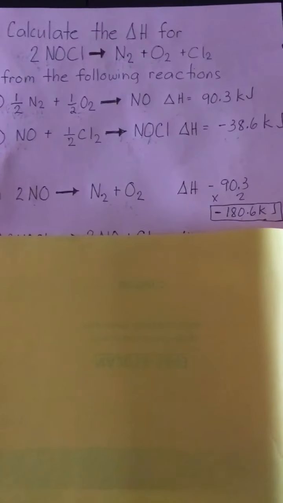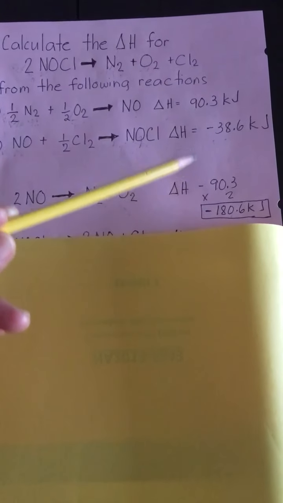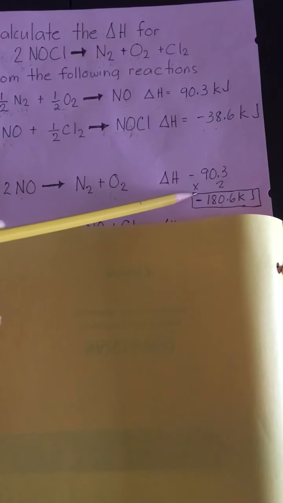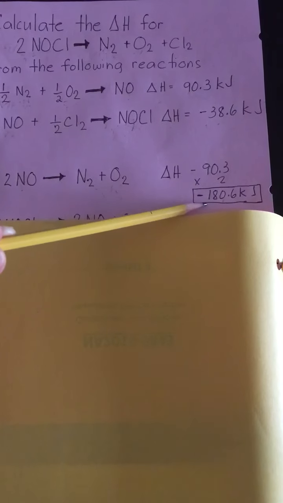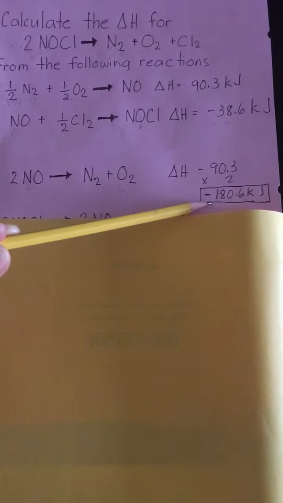And don't forget, when you multiply the entire equation, you also have to multiply the delta H. So we flip the equation, originally it was positive, now it becomes negative after we flip it, and then multiply it by 2. So our delta H for equation 1 now is negative 180.6.